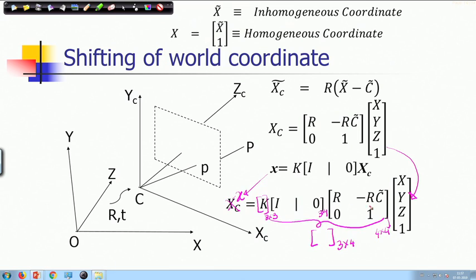So, if I perform matrix multiplication, this matrix we represent by the symbol P, which is called the projection matrix, of 3 cross 4. If I multiply this projection matrix with the 3-dimensional coordinates in the projective space of a scene point, then I will get its corresponding image point in a 2-dimensional projective space. That is how we derive the relationship in a more general case.